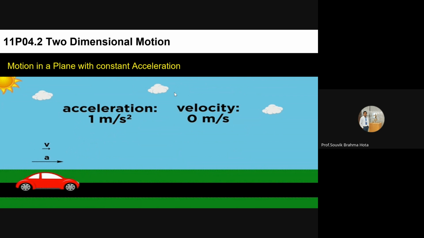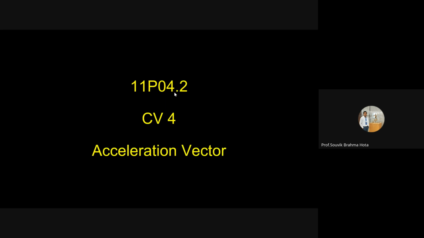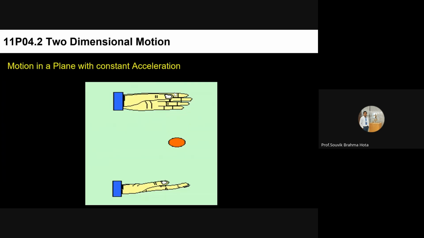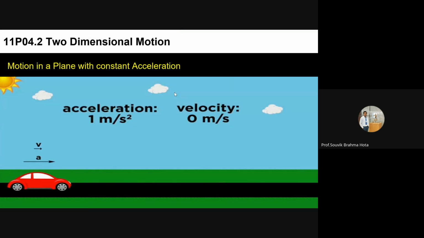You see here, motion in a plane with constant acceleration. If you are taking, see, initially the acceleration was 0. Then 1 meter per second square, and then the velocity in 1 second changes to 1 meter per second.